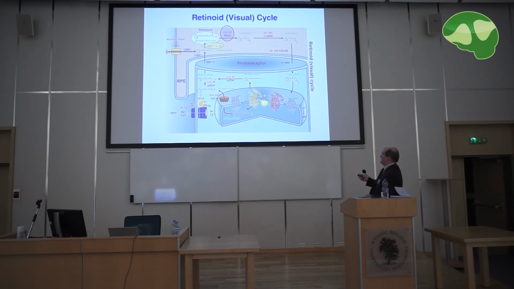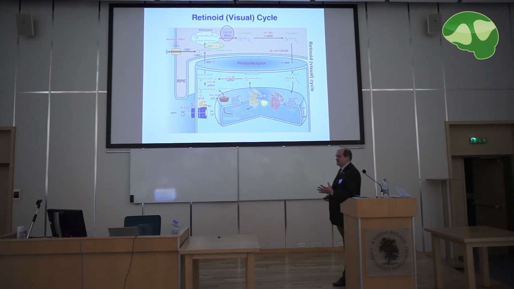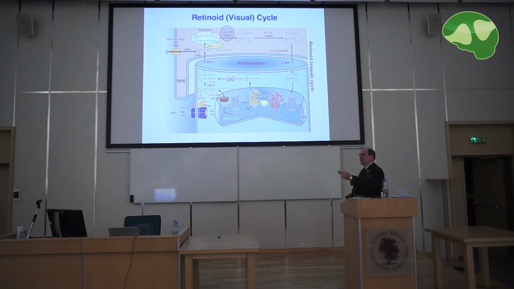Rhodopsin gets isomerized to all-trans and then loses its chromophore. The chromophore gets reduced and it gets retinol transported to the RPE, where it becomes esterified with fatty acid and forms lipid droplets like in stellate cells, where we have accumulation of retinol for storage purposes.